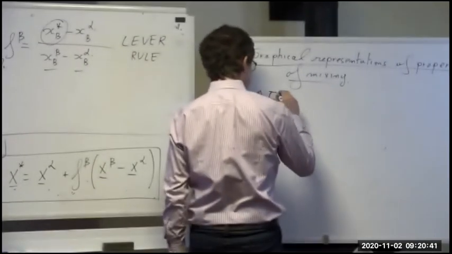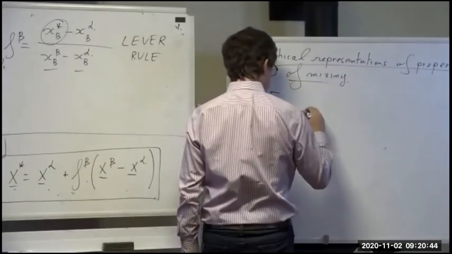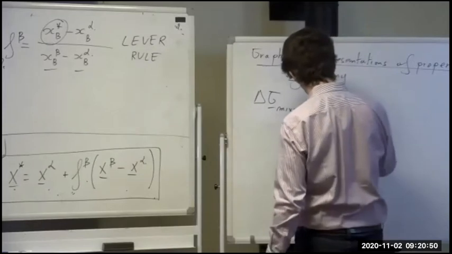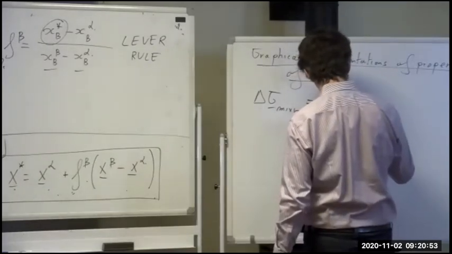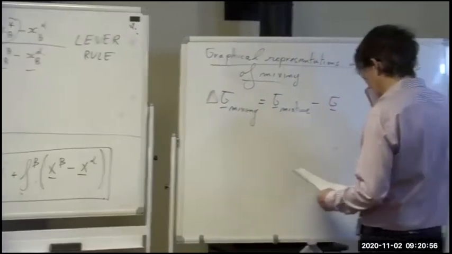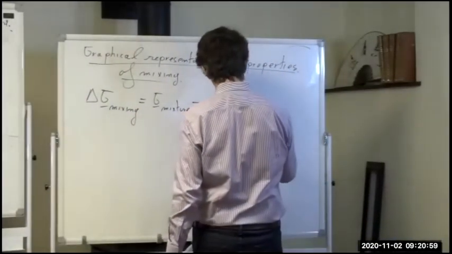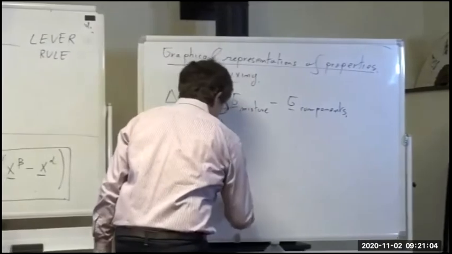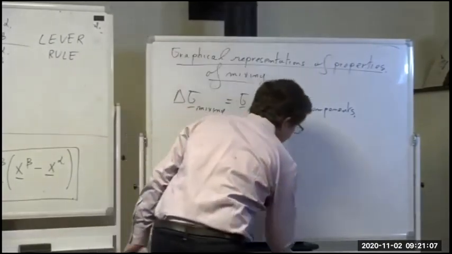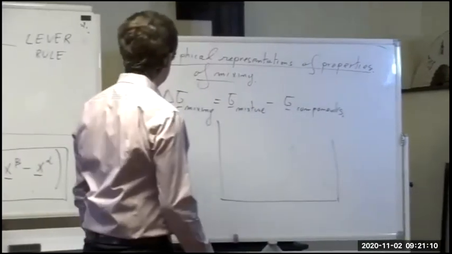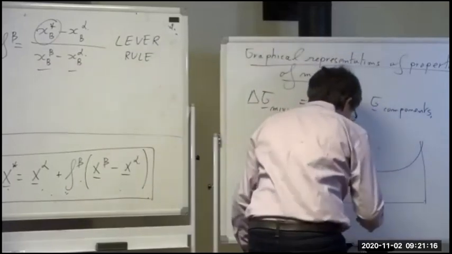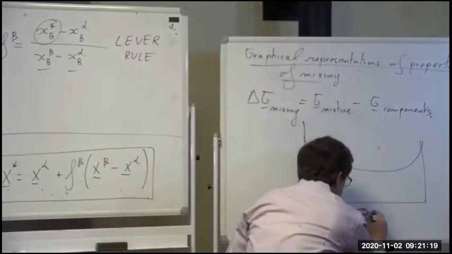For example, I may want to know what is the change in free energy upon mixing. This is called the free energy of mixing. That would be the free energy of the mixture minus the free energy of the components. If I were to make a plot of the free energy of mixing, it doesn't really matter what the scale of this axis is, but let's say this is composition XB.